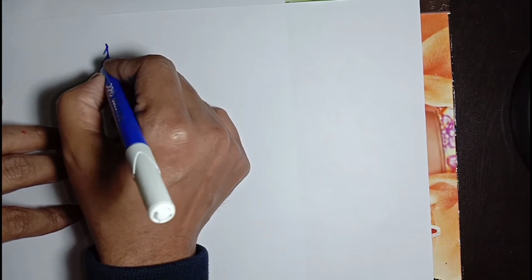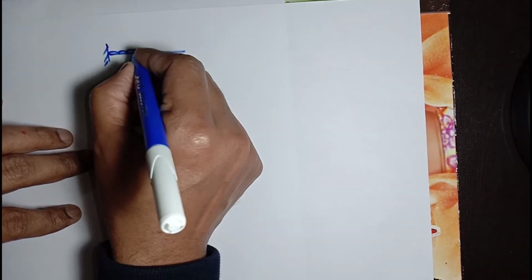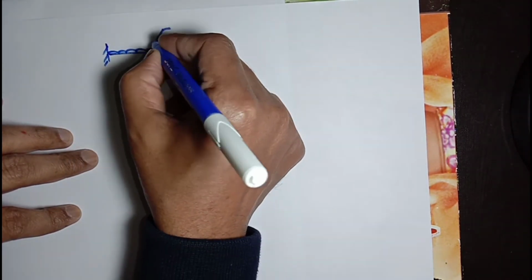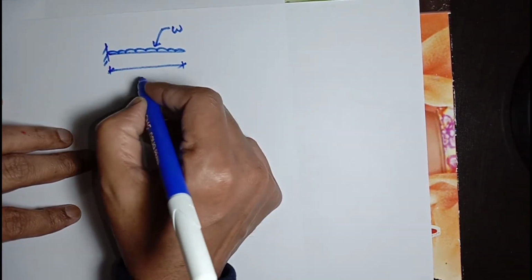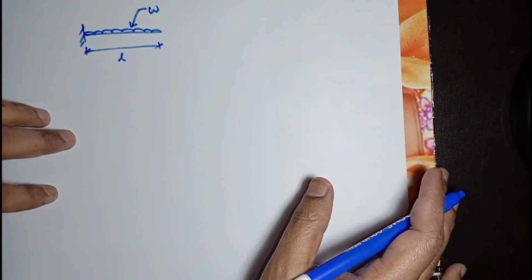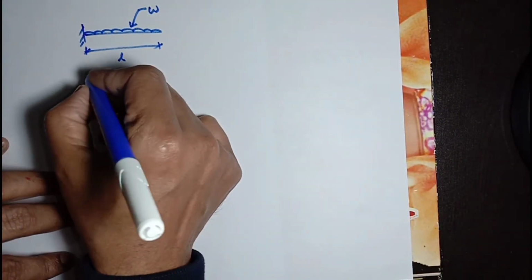Now this is our problem statement. This is a cantilever beam subjected to UDL W. The length of this beam is L. This is the real beam.